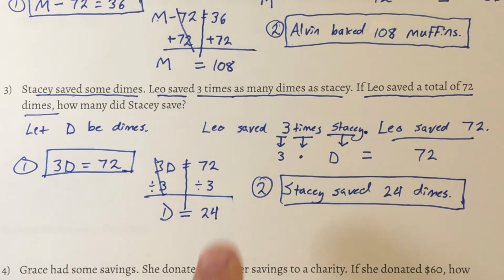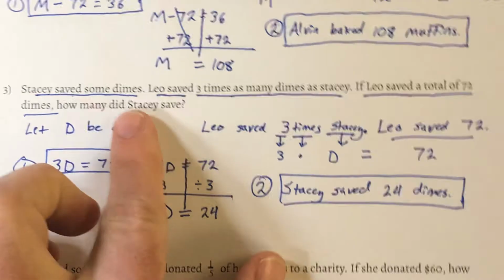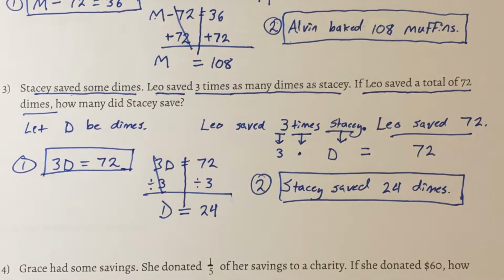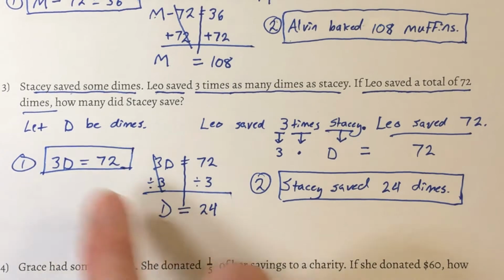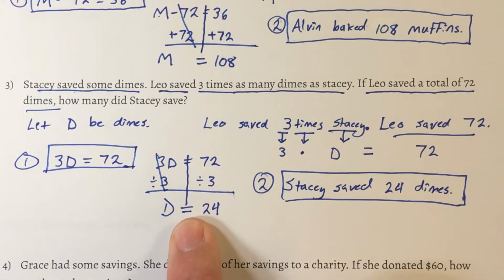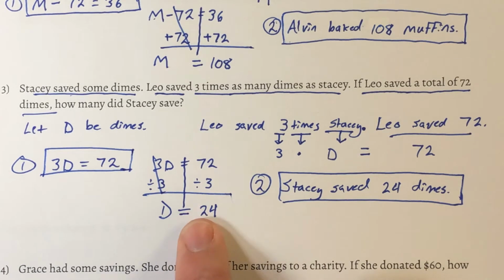Now, I keep saying that you shouldn't assume that this is going to be your answer. An example of that might be, what if the question did not say, how many did Stacy save? And it said, how many more dimes did Leo save than Stacy? Well, I would have done everything the same and Stacy got 24 dimes, but 24 would not have been my answer.